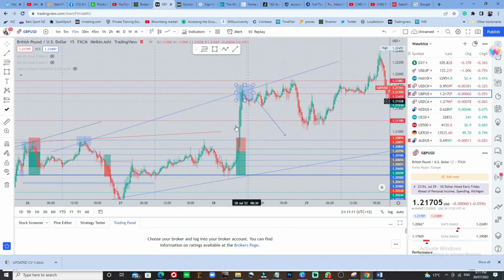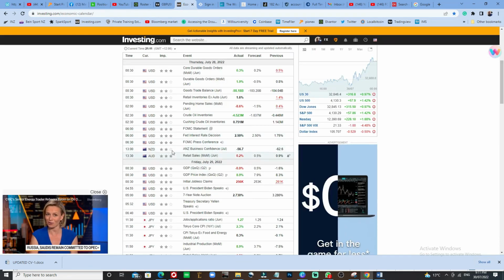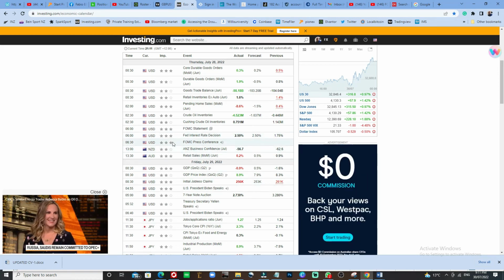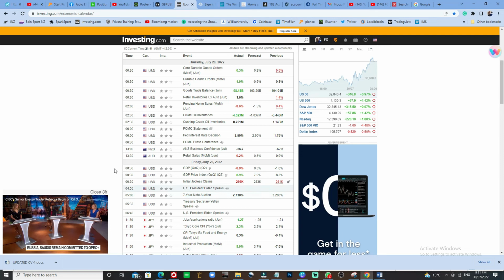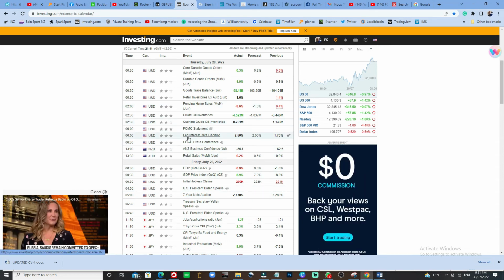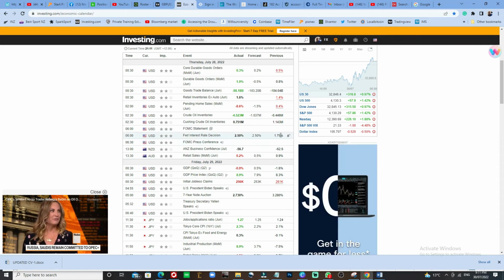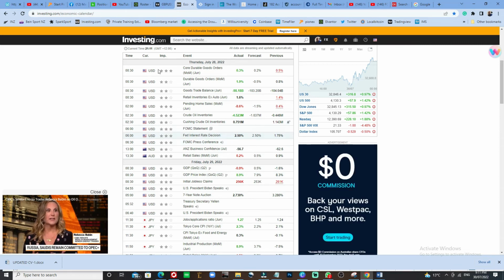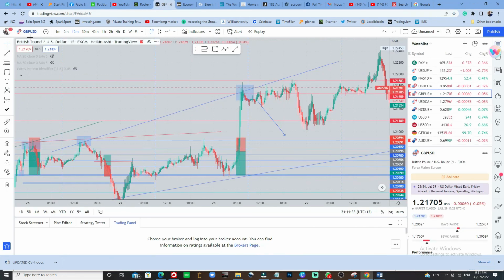This thing is very, very weird. With interest rate news like this, because of the gain in US dollars from 1.75 to 2.50, there should be a corresponding push to the downside.